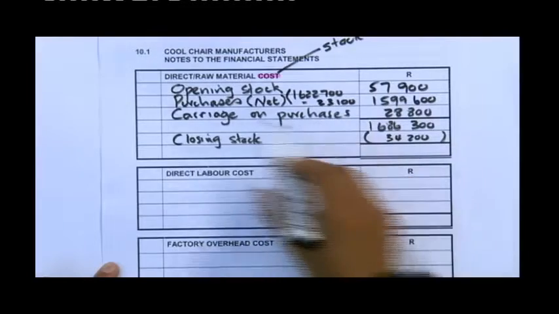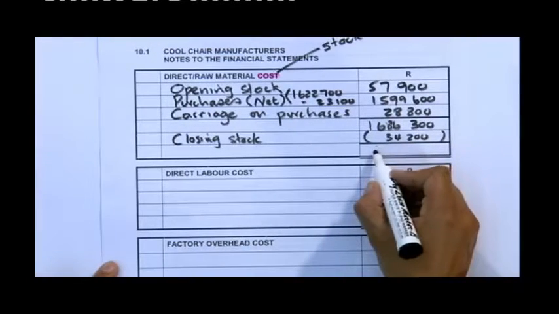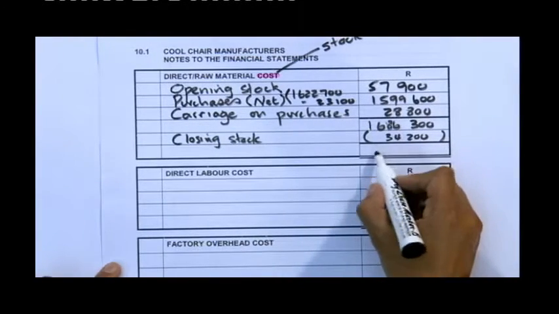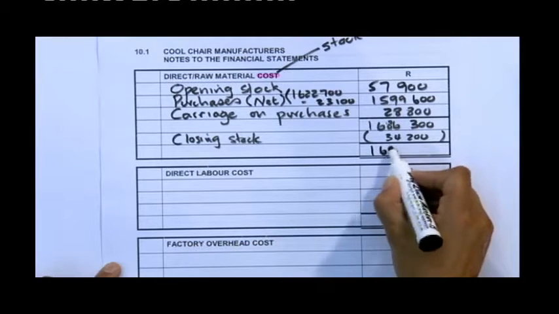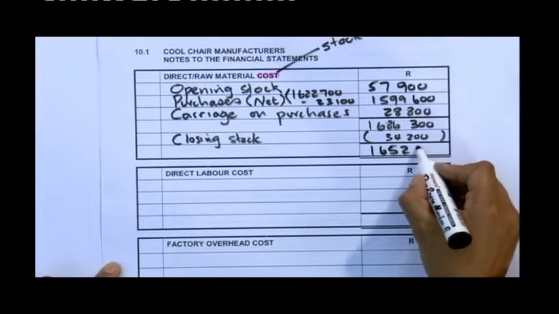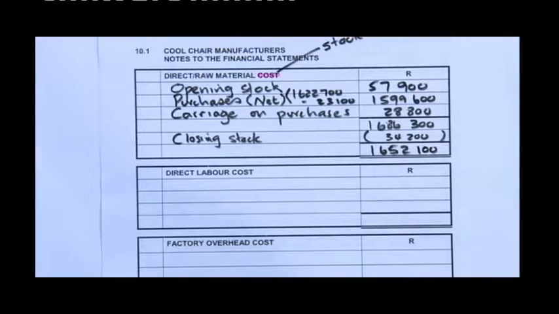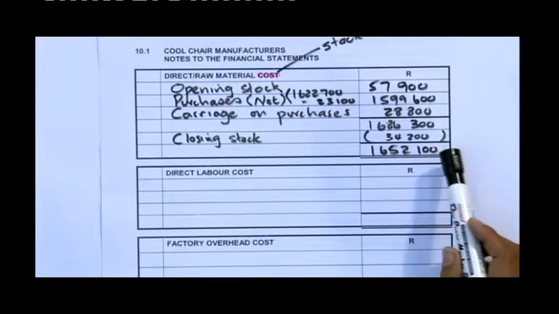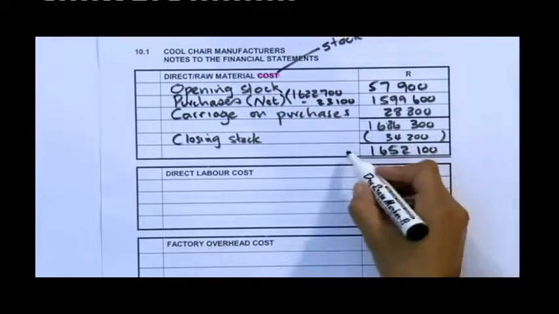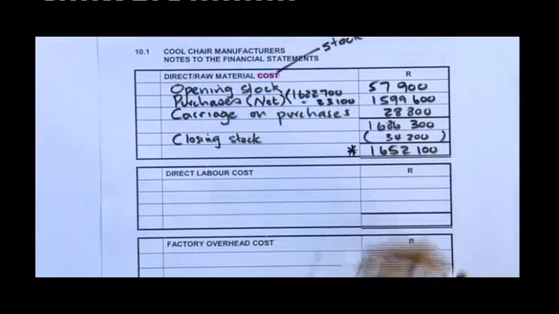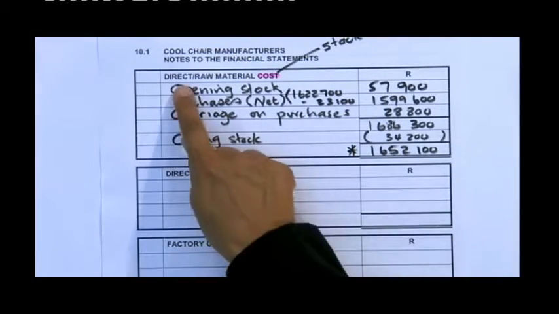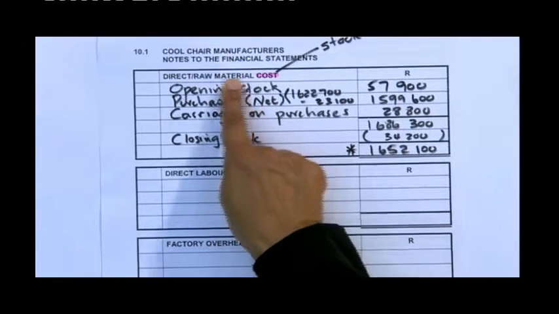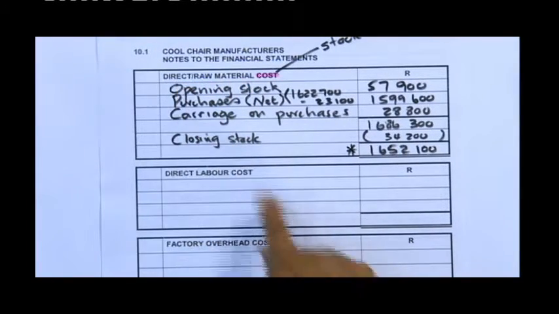So my raw material cost that I issued to production, or that went into the production process, 1,652,100 Rand. Okay, so that there is going to go onto my production cost statement next to direct material. And we're going to look at the production cost statement later on.